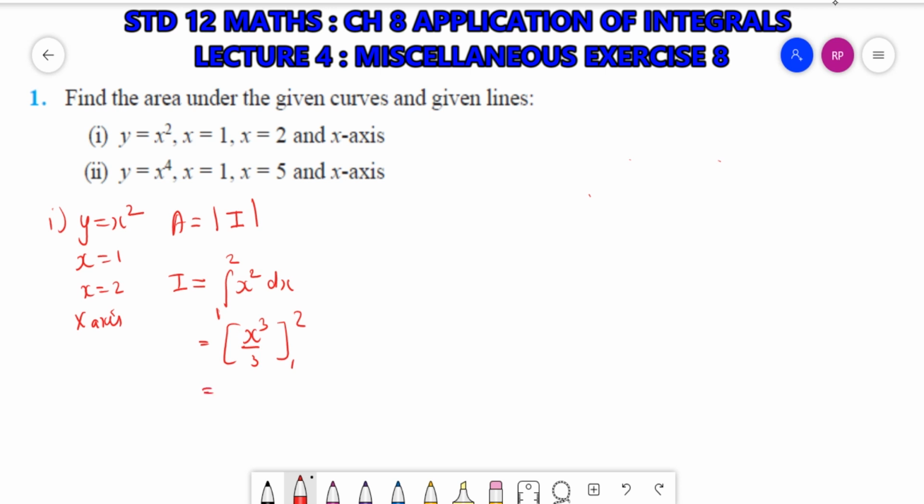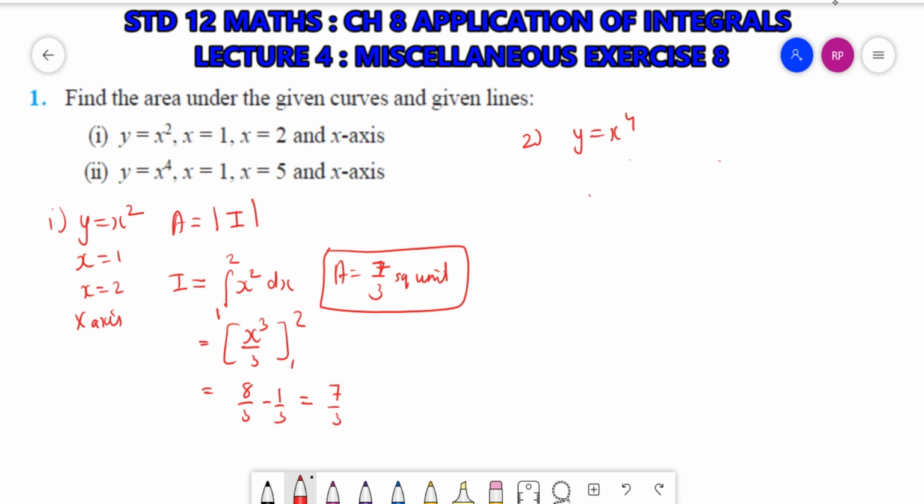So this will be equal to 2 cube, that is 8 by 3, minus 1 by 3, and that is equal to 7 by 3. So A is equal to 7 by 3 square unit.